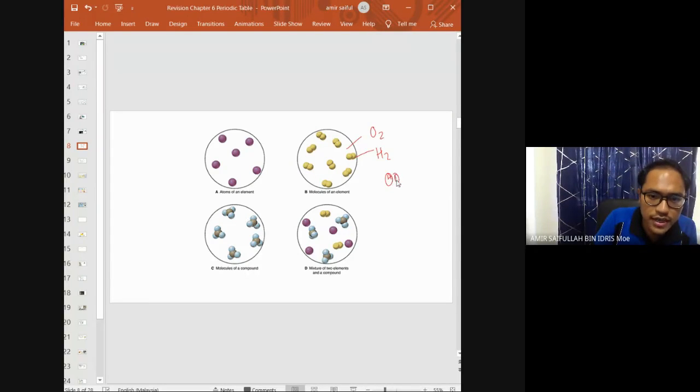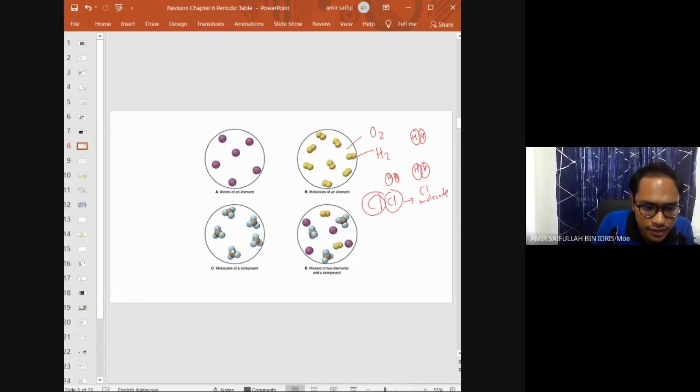So the H's bergabung, combining together. Let's say chlorine is Cl. So two chlorine atoms combining together form a chlorine molecule. So dalam chlorine gas, dia sebenarnya consists of chlorine molecules. Why molecule? Because got two. But they are elements.